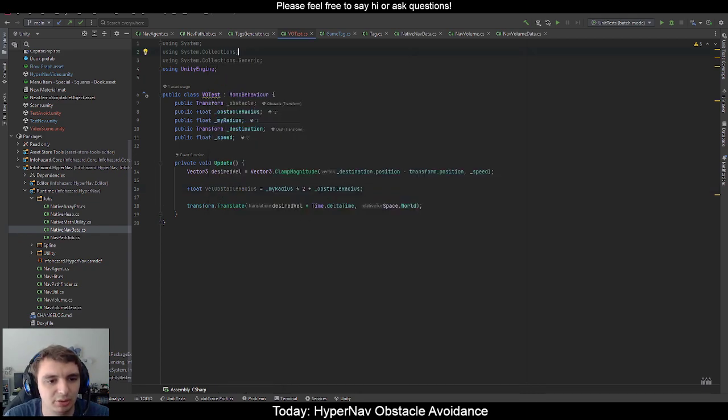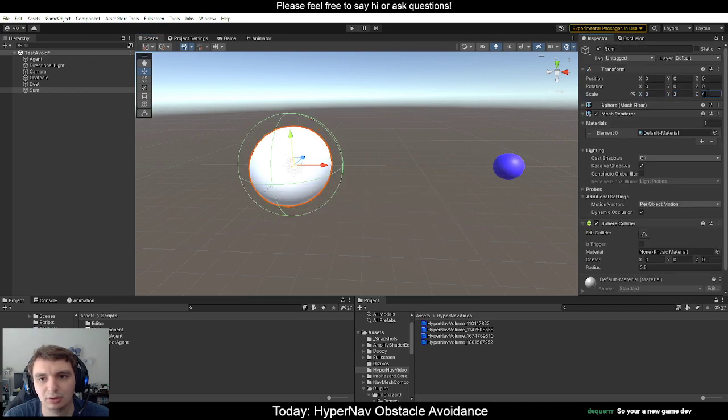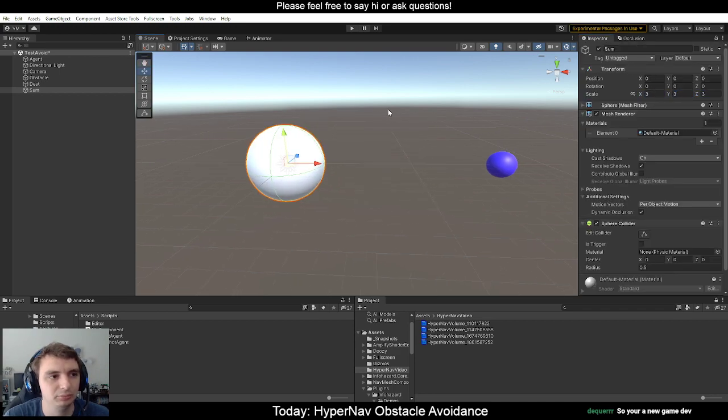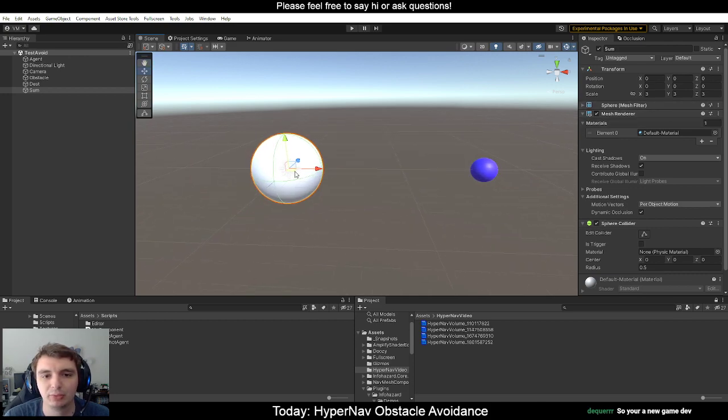Let's come back here. Okay, so none of this times 2 nonsense. And I'm going to shrink this back down to 3. So it now has a radius of 1.5, which is the sum of the two radii.